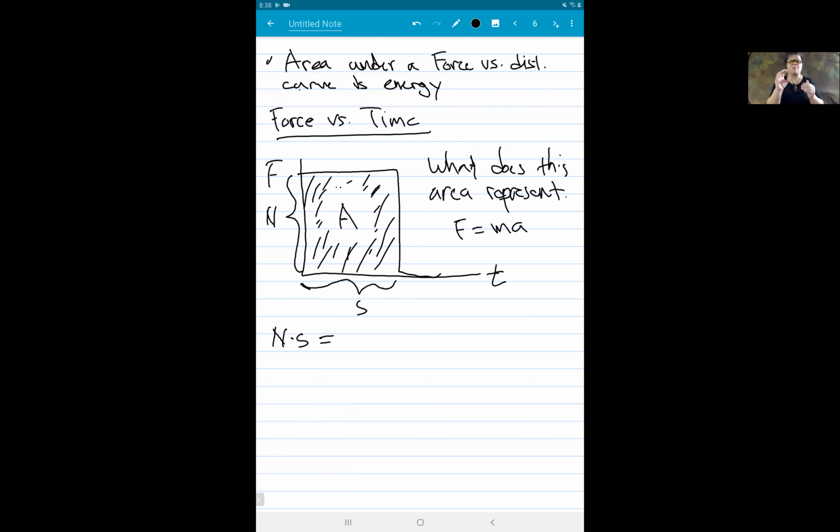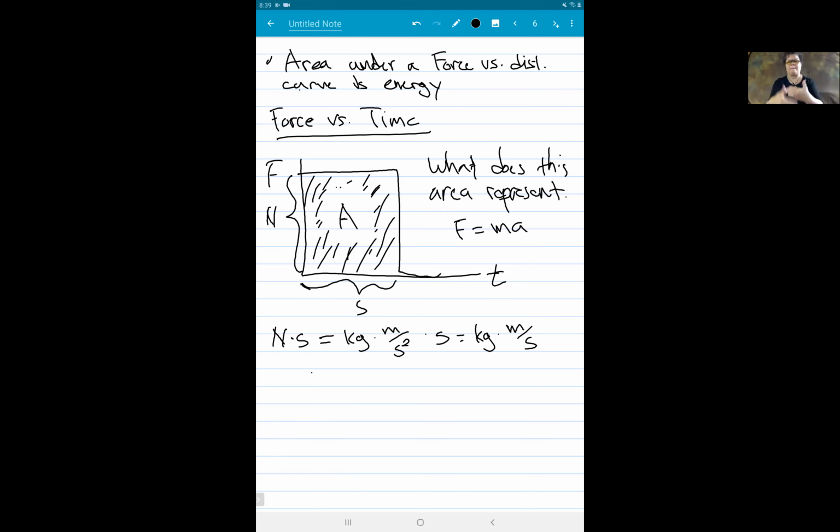So if I want to break down what a newton is, it's a mass times an acceleration, a kilogram times a meter per second squared, and then times seconds. This term here is a newton, and one of the seconds cancels, and I get a kilogram times a meter per second. That is actually momentum, as Emily said.